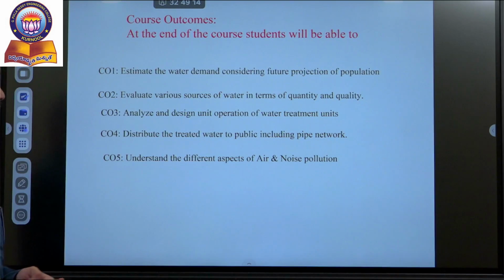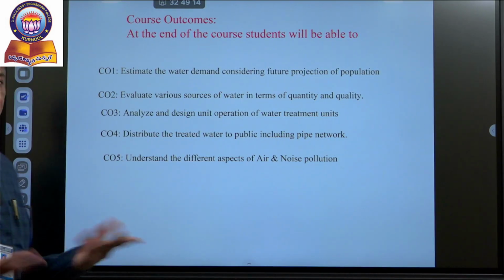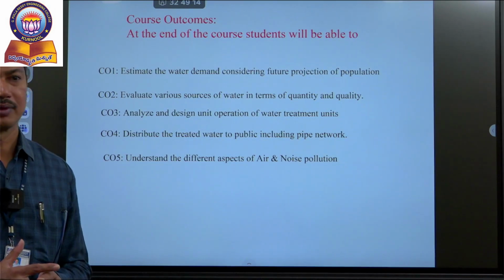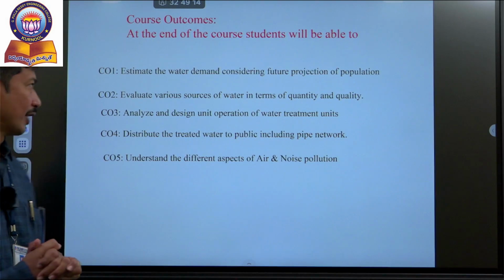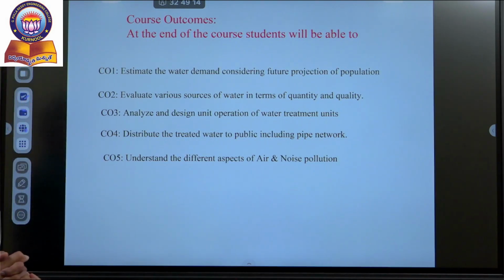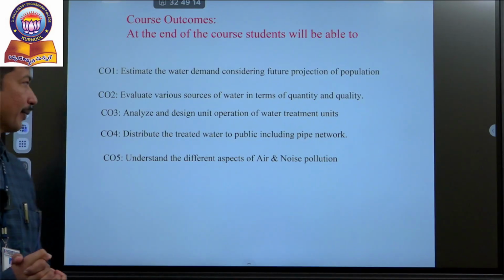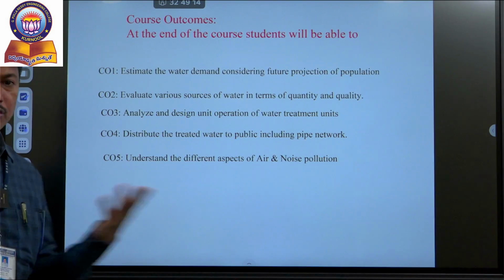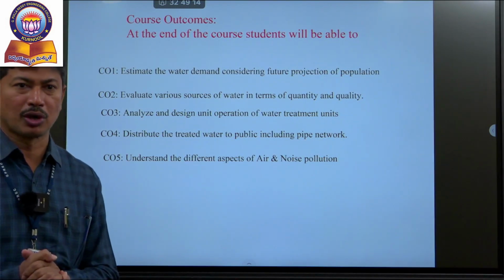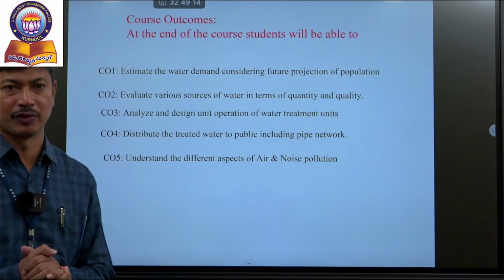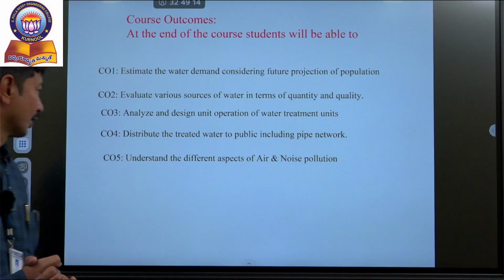The next course outcome: various sources of water available, and their quantity and quality. Next, how to distribute water to the town or city based on various networks or the Cross method.